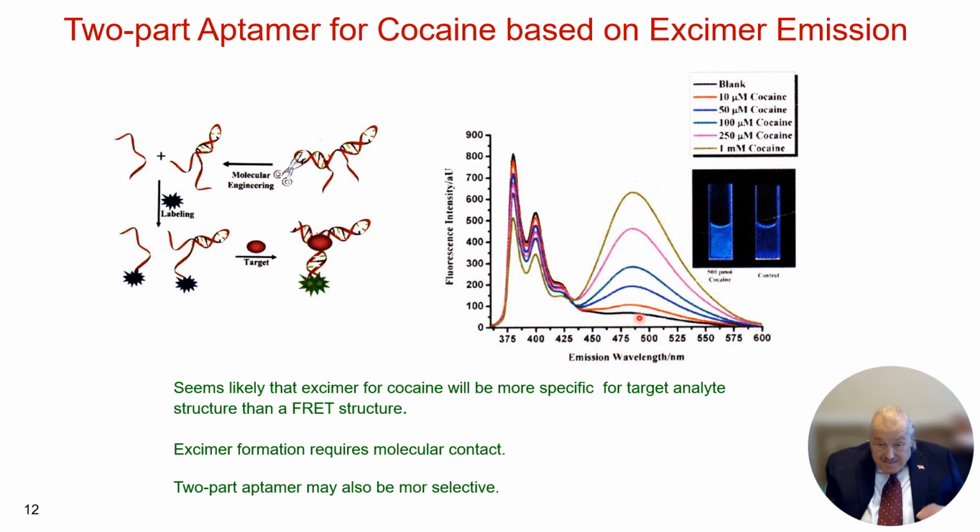And that's the excimer fluorescence, the longer emission here. Another part of this that I think is likely to make it more specific is that it's a two-part probe. So two different strands have to come together to form the binding site and have the analyte-induced excimer emission.